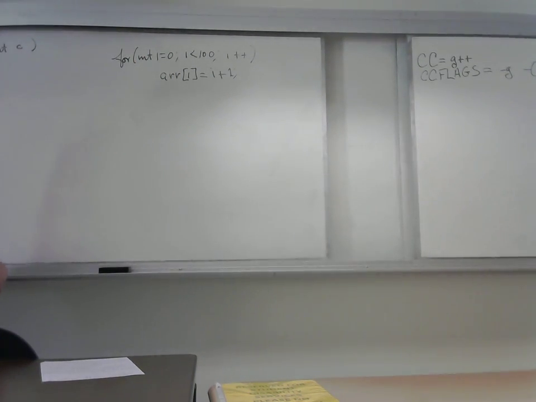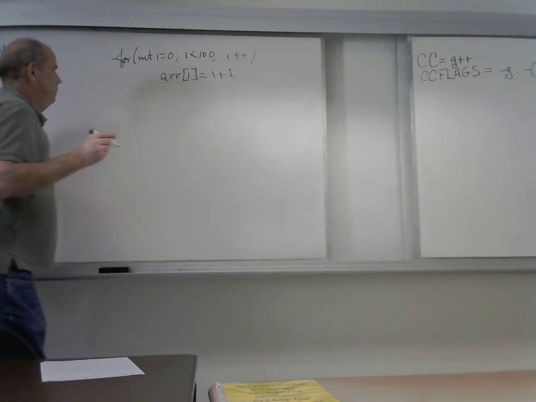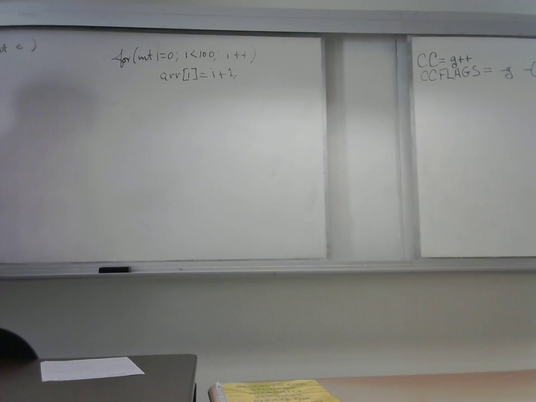This is a simple for loop, and you're going to store in the array 1 through 100. Right? So you start out I is 0, so you store I plus 1 in the first slot, right? Okay, so you put 1 through 100 in an array of size 100.